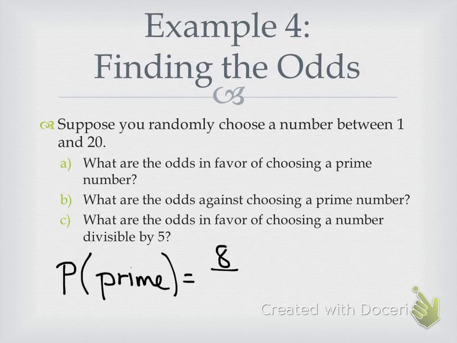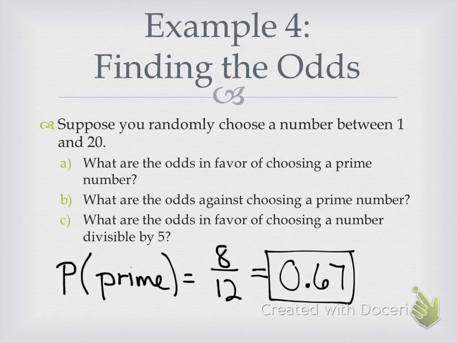You choose a number between 1 and 20, so that tells you how many total numbers there are. 20. So if 8 of them are favorable, how many are unfavorable? 12. Do you see how we did that? We just subtracted. So this would be 8 over 12 equals, and then I just change it to my decimal value, which is a repeating decimal, so I just round to the nearest hundredth.